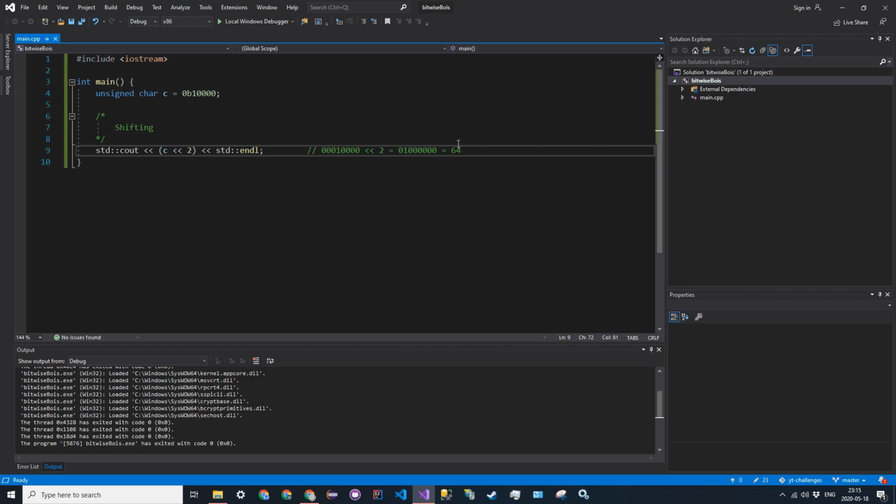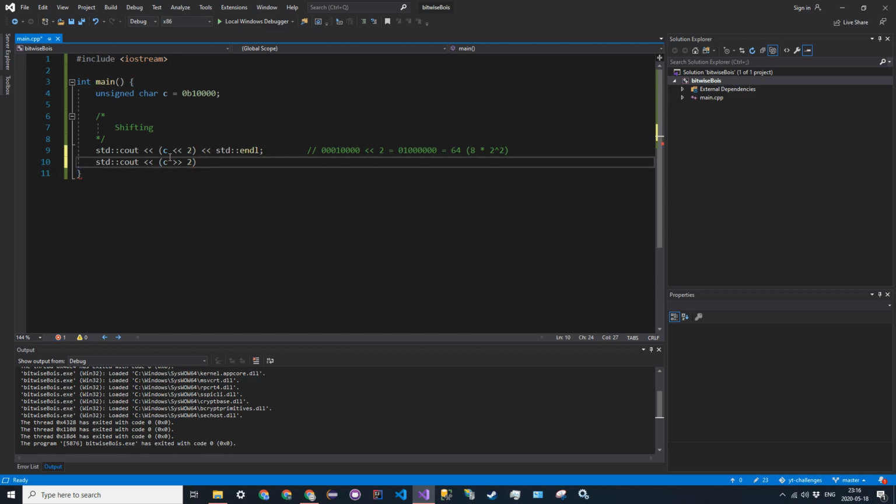And you might be saying, isn't that just 8 times 2 to the 2? Just keep that in mind, just an afterthought. Let's try right shifting now. When I'm using these with cout, that's just passing bits essentially to an output stream. So it kind of is like shifting, except it's just transferring them. So let's do c right shift 2.